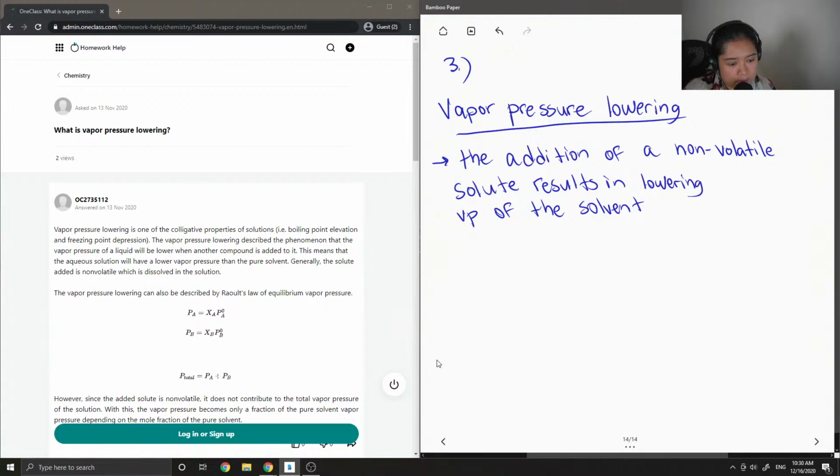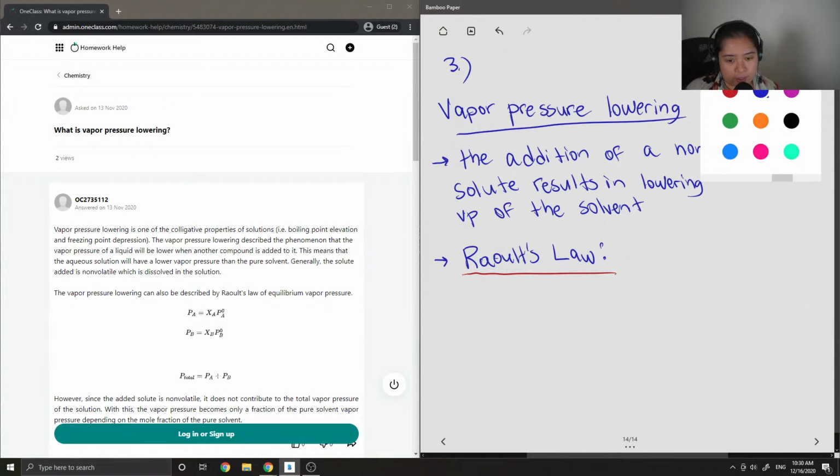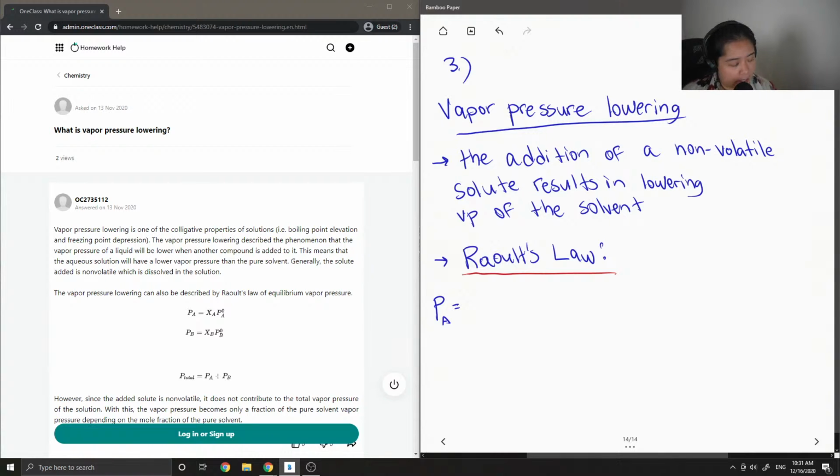Okay, so we can also use Raoult's law to try and describe how the values of the vapor pressure may change upon the addition of a non-volatile solute. For example, the pressure of substance A would be equal to the mole fraction of A times the pressure of A under standard conditions.